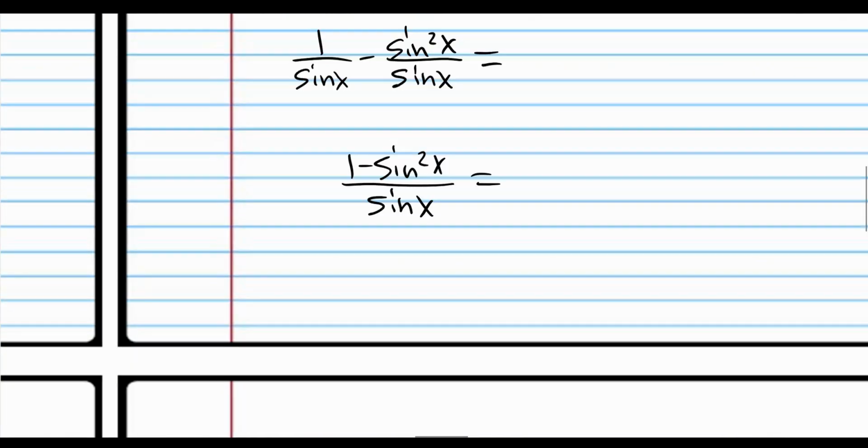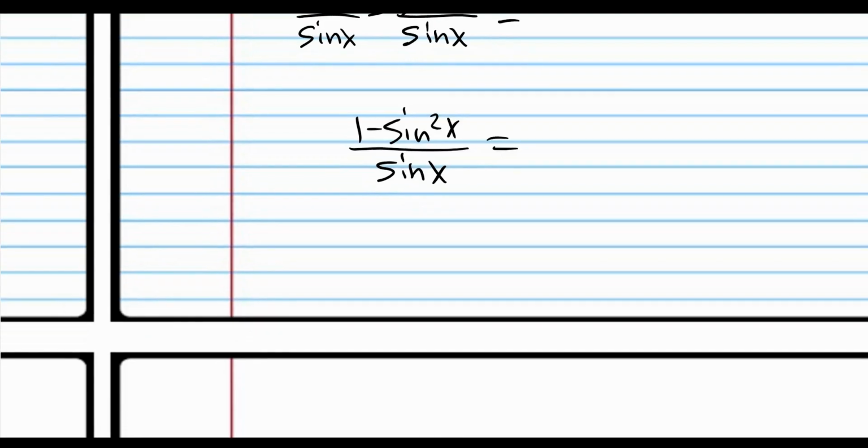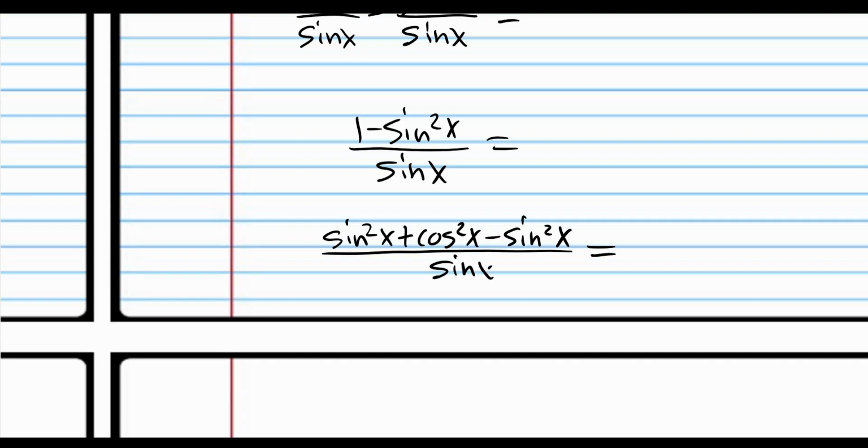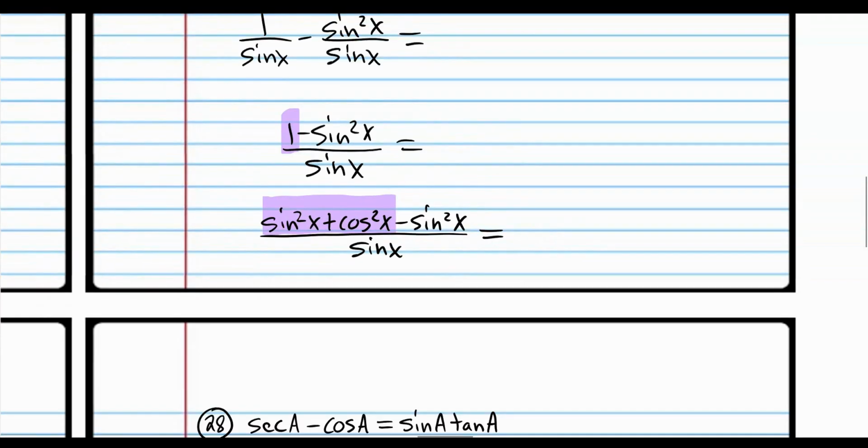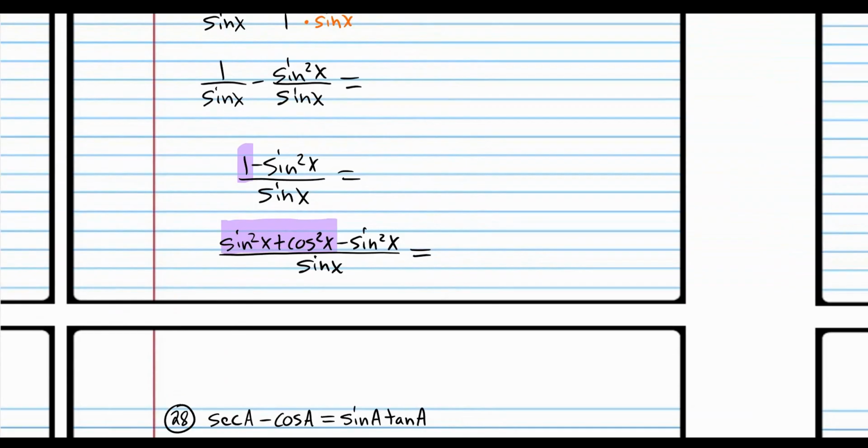And 1 is the same thing as sine squared x plus cosine squared x. So that was a Pythagorean identity.